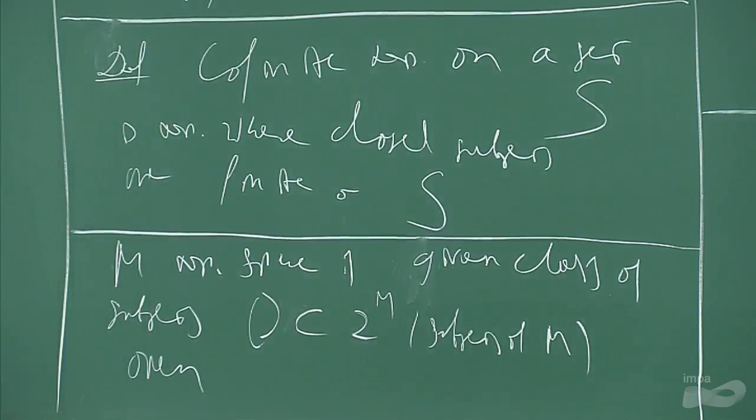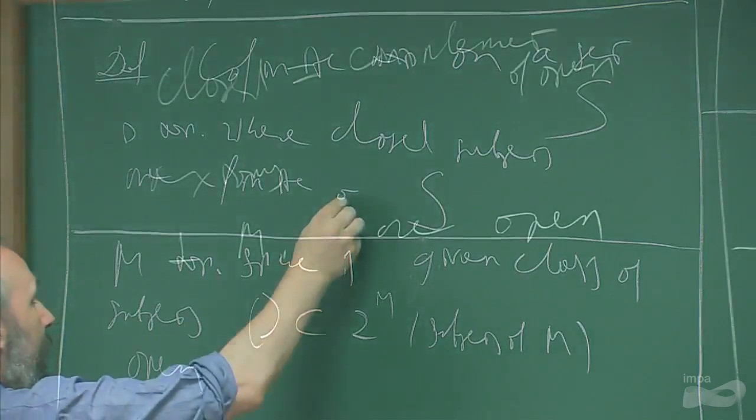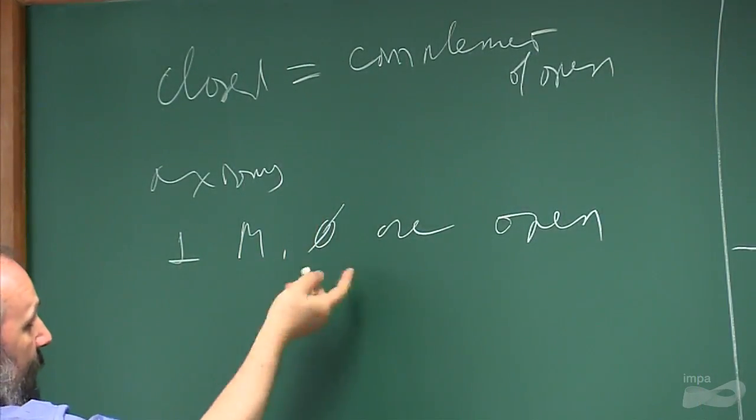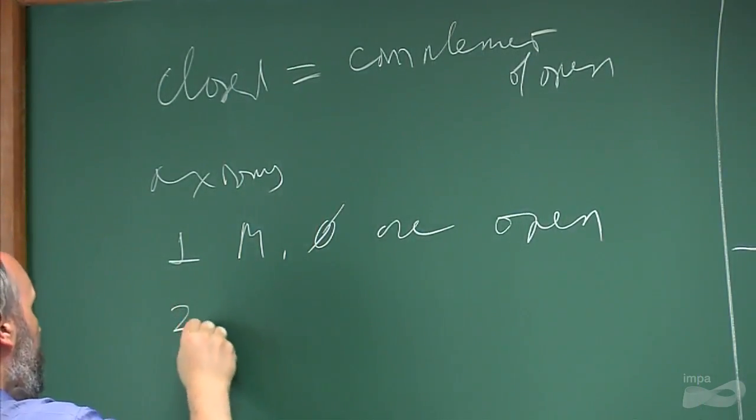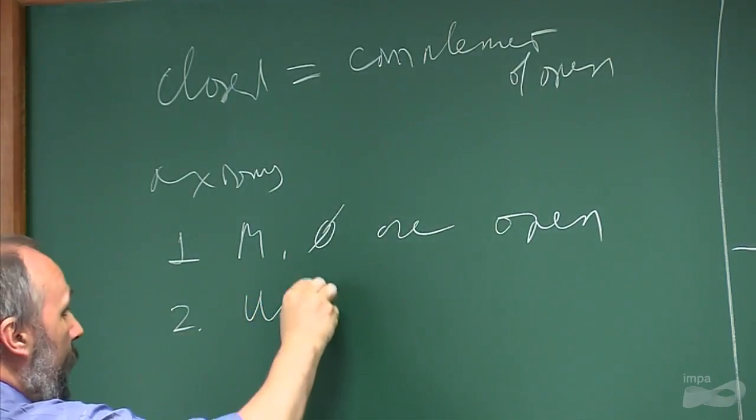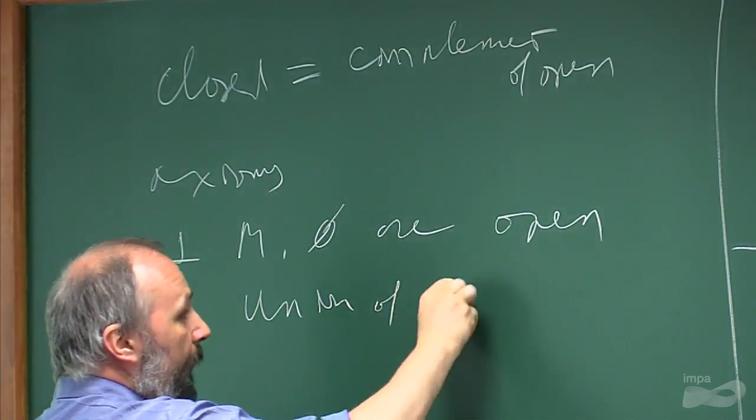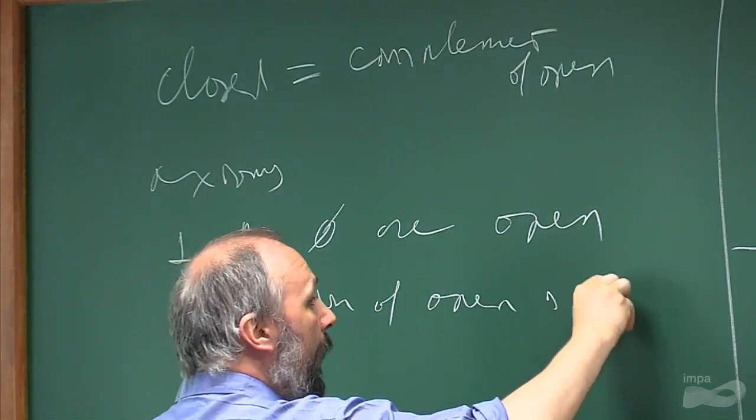Now the axioms. First, M and the empty set are both closed and open. The complement of the empty set is M. Second, a union of open sets is open.